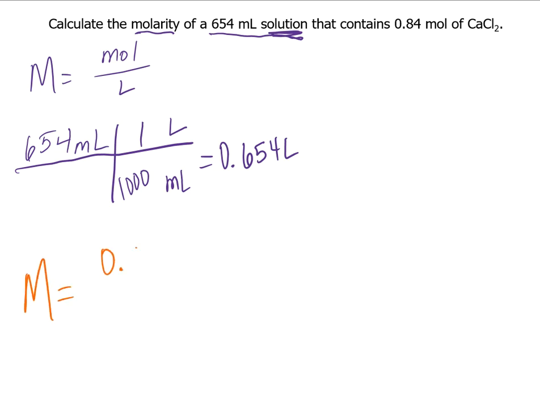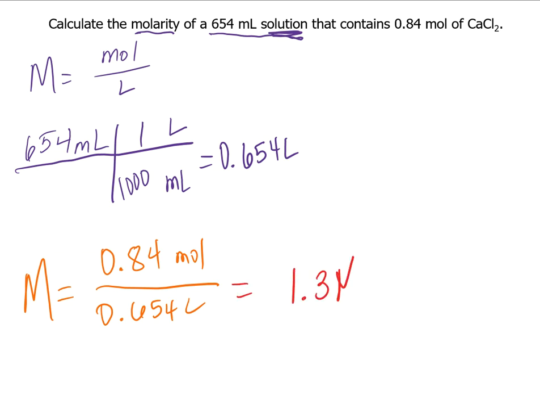Molarity, I have my moles, 0.84 moles. That's what the problem gave me. We just converted the volume to liters, so that's the value that we would use in this equation, 0.654 liters. From there, you put that in your calculator, 0.84 divided by 0.654, and you get roughly 1.3 molar.